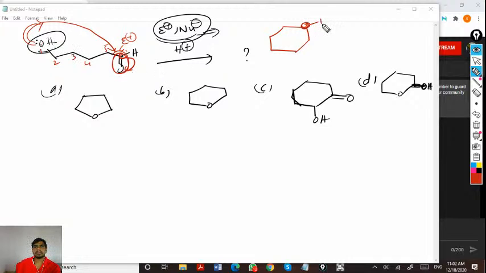And this is the carbon that is attacked, which has the carbonyl becoming O minus. So this will attract the H plus, resulting in the final product, which will be D. Is it clear, or shall I repeat?